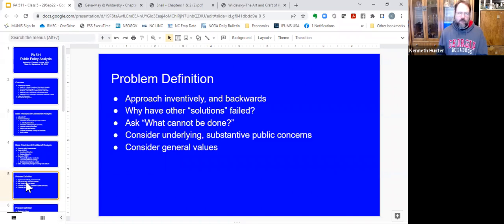In the course of any work that humans try to do, particularly when we're trying to solve problems or achieve results, we have a natural tendency to be creative, to want to be creative and inventive in our approach. And there's nothing wrong with that. So you want to be able to approach the problem inventively.